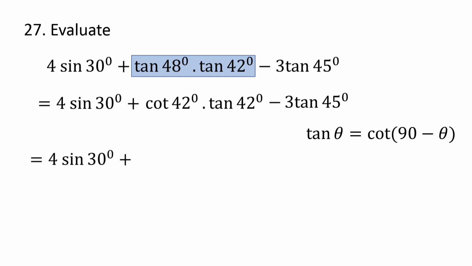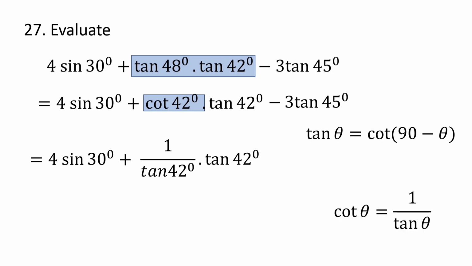That is equal to 4 sin 30 plus cot 42, which can be rewritten as 1 by tan 42 because cot theta and tan theta are reciprocal ratios. Cot theta is equal to 1 by tan theta, minus 3 tan 45. Here tan 42 in the numerator and denominator can get cancelled.